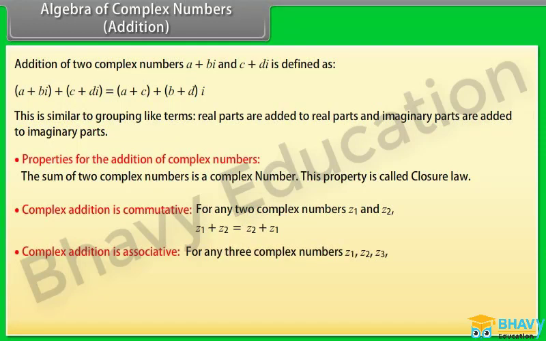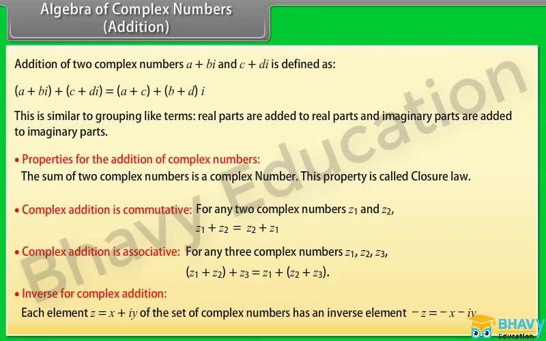For any three complex numbers z1, z2, z3, z1 plus z2 plus z3 is equal to z1 plus z2 plus z3. Inverse of complex addition. Each element z is equal to x plus iota y of the set of complex numbers has an inverse element, minus z is equal to minus x minus iota y.